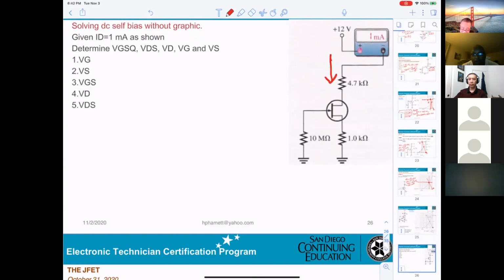That's why we needed the graphic before, because we didn't have ID previously. Right, perfect. They already gave ID 1 milliamp. Okay? So now, what they want, they can calculate the VGS, VDS, VD, VG, VS. Do it for me. The thing is, you don't have to calculate ID. VGS is minus 1 volt.